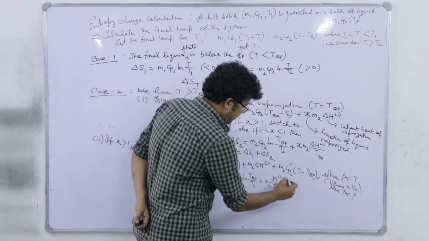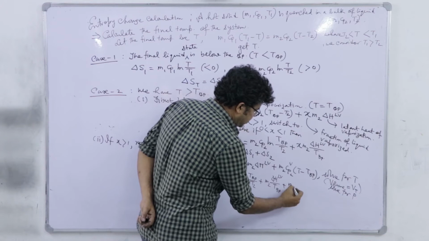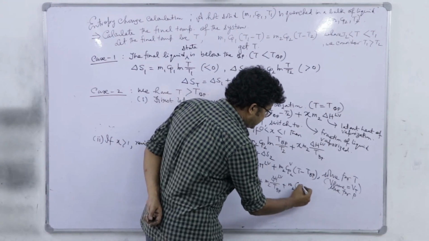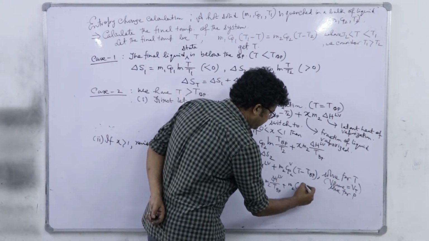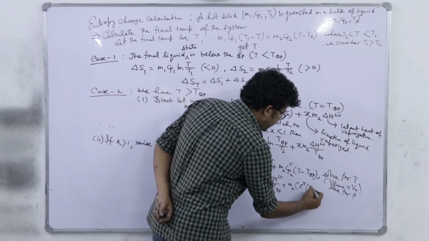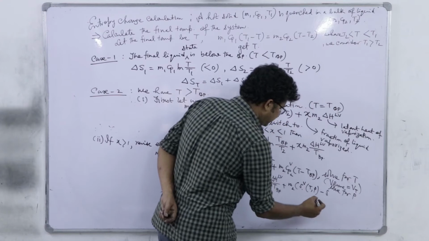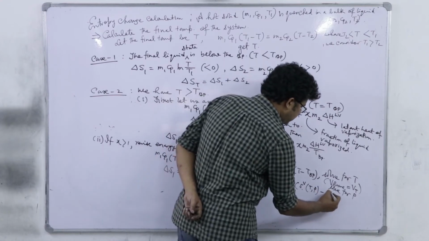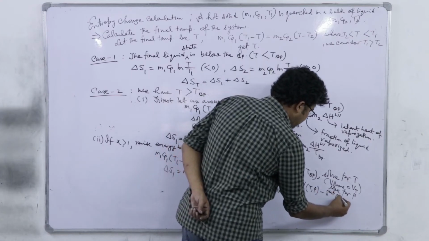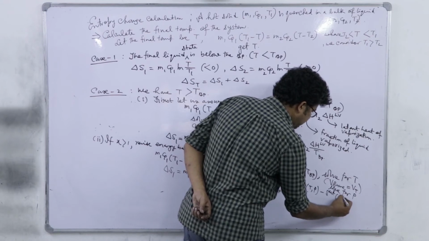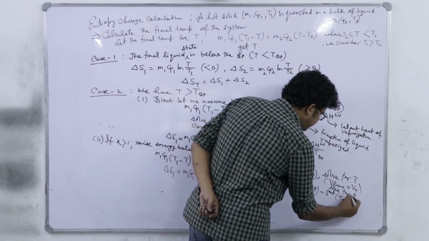Now you see, we can write M2 times S vapor at T minus S saturated liquid at TBP.